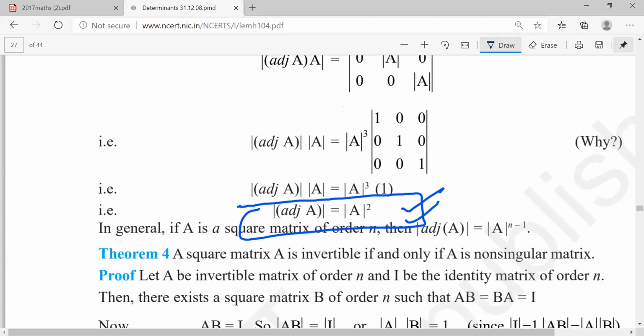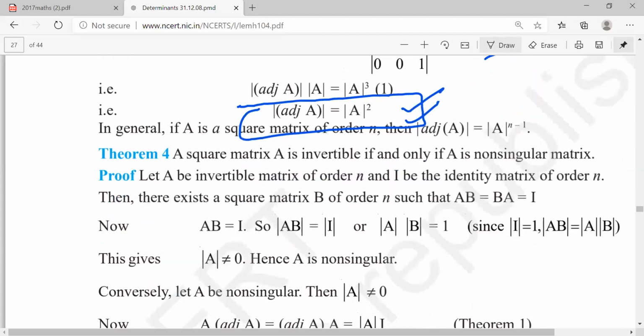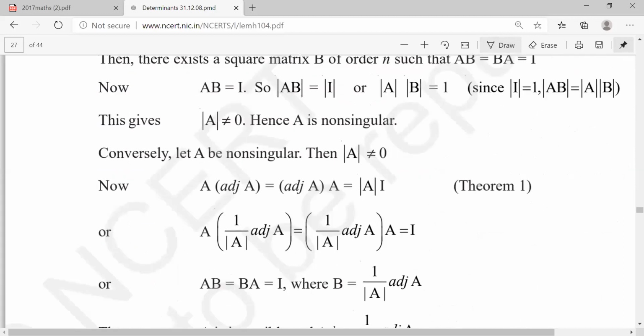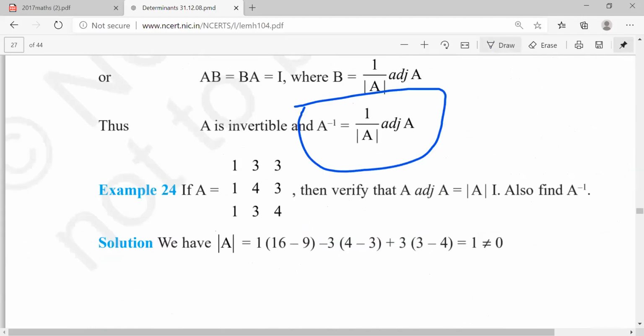And you should have a formula sheet for maths. I hope you finished this note. This is what I wrote in the first: A inverse equal to 1 by determinant of A into adj A. You need not write it out.